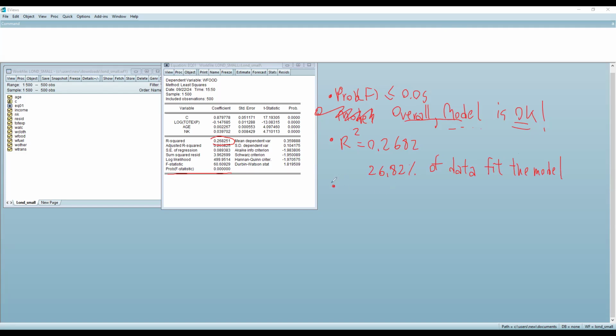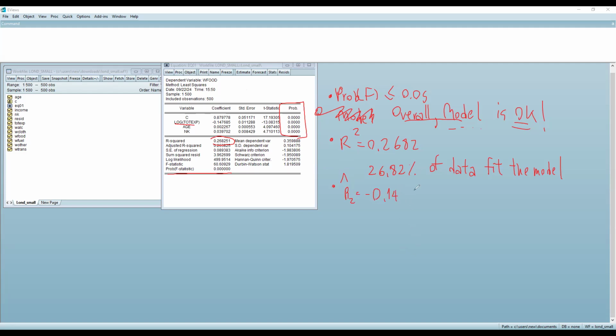Then you can interpret each coefficient, right? Okay, so log is good one. So beta 2 hat equal minus.